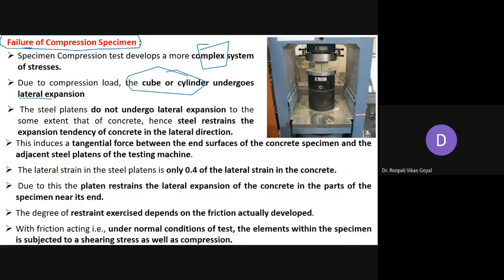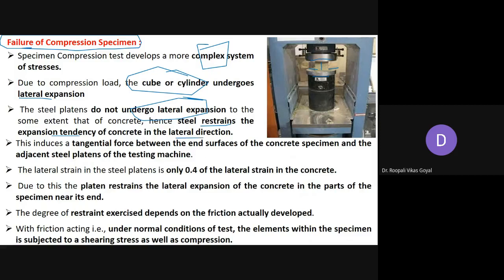But the steel platens at top and bottom do not undergo lateral expansion. So the steel will try to restrain the expansion tendency of the concrete in the lateral direction.